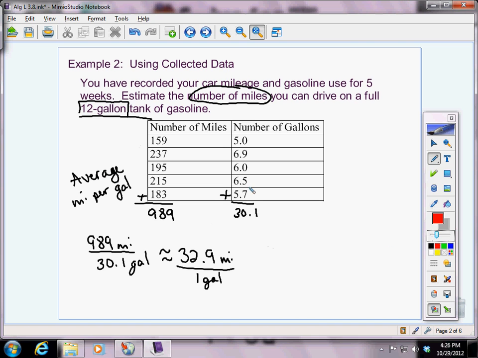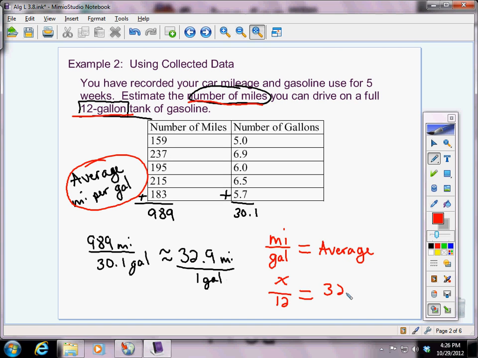Use this idea of the average being miles per gallon. Miles per gallon has to equal our average. Do we know the number of miles we're going to travel? No, we'll call that X. Do we know the number of gallons we're going to use? Yes, that's 12. And our average miles per gallon is right here, 32.9.